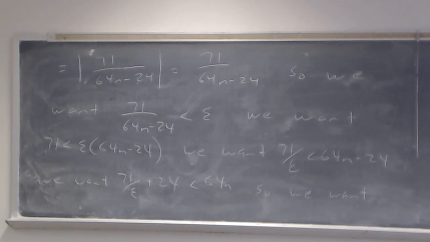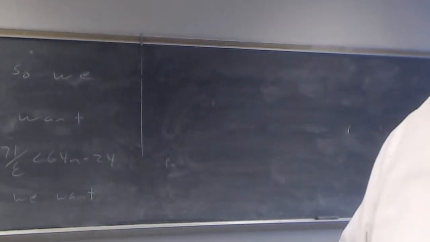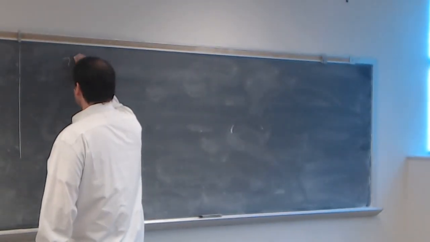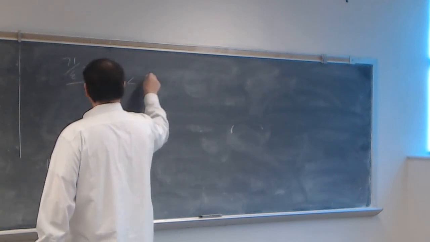I'm almost done. So I divide by 64. We want (71 over epsilon plus 24) divided by 64 to be less than n.